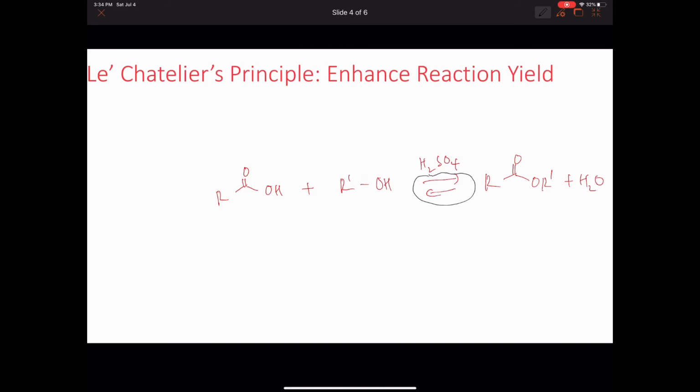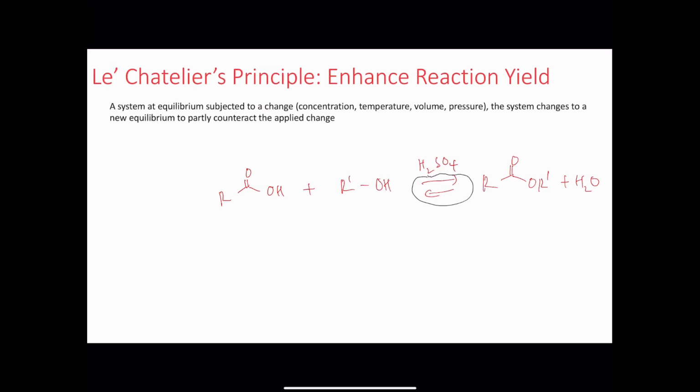Well, we need to apply Le Chatelier's principle in the reaction to enhance the yield of the ester. So what is that principle? The principle is that a system at equilibrium subjected to a change in terms of concentration, temperature, volume, pressure, changes to a new equilibrium to counteract the applied change.